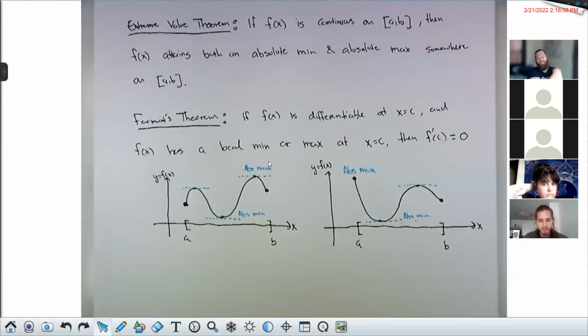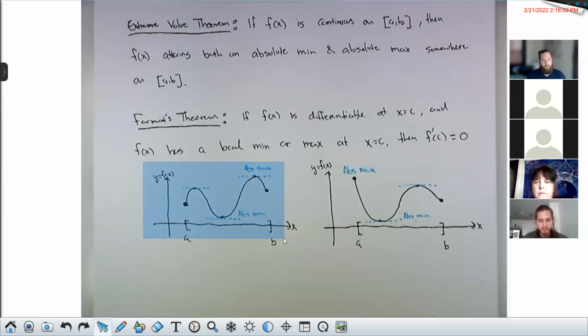So if I give you a continuous function on a closed bounded interval, how do you find these things? I would like to be able to find all the points illustrated here, and also to tell which of them is the absolute max and absolute min.